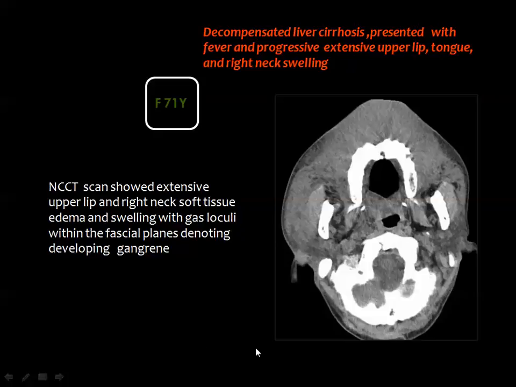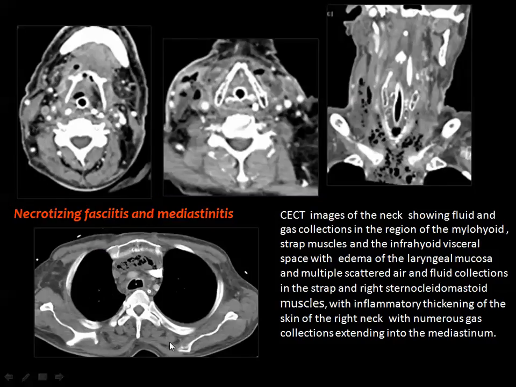And this patient is an old patient with decompensated liver cirrhosis, presented with fever and extensive upper lip, tongue, and right neck swelling. And this is also an example of necrotizing fasciitis with air loculi in the deep tissue planes, in the deep fascial planes.